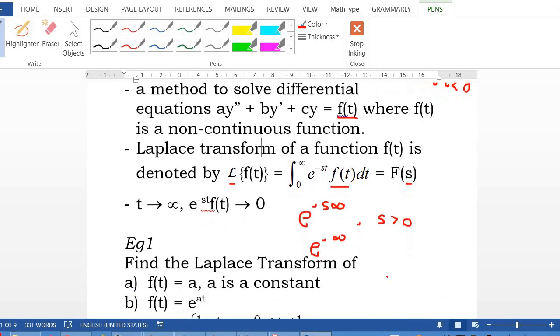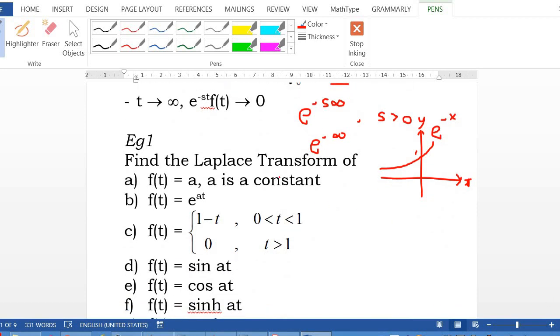From the graph of exponent negative x, this is the x axis horizontal, this is the y. When x approaches infinity, exponent negative infinity approaches 0.